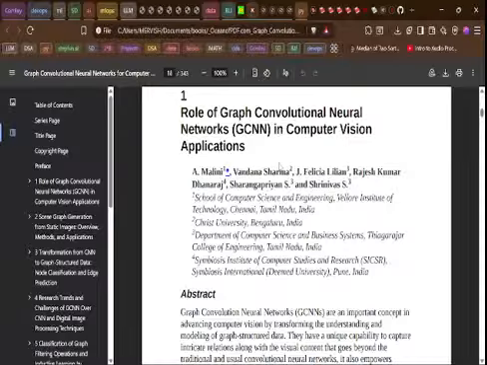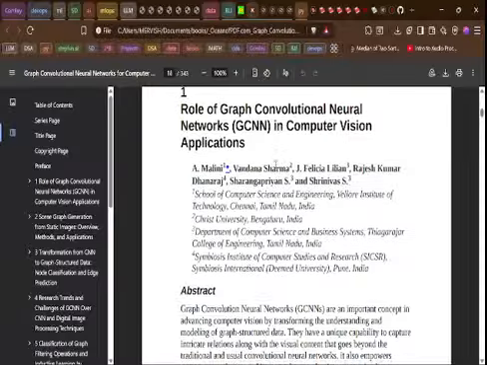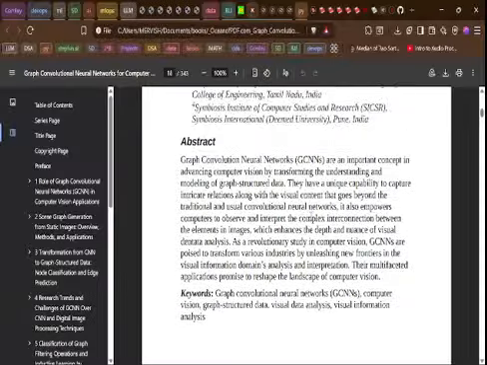Role of graph, abstract graph concepts in computation for transforming, understanding, and modeling graph-structured data. They have unique capabilities to capture intricate relations among the visual content that go beyond the traditional convolutional network. It also empowers computers to observe and interpret complex interconnections between the elements in an image, which enhances the depth and nuance of visual data analysis.